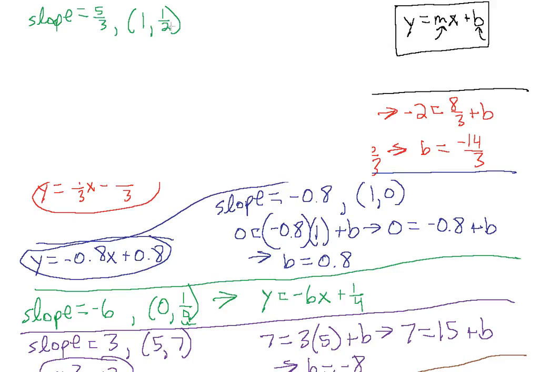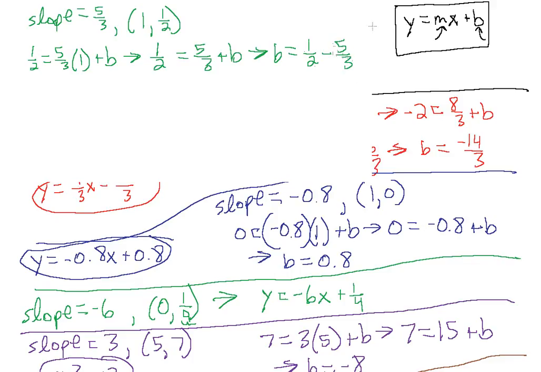So let's plug in what we know. We have 1/2 equals our slope times x, which is 1, plus b. b is what we want to solve for. So we have 1/2 equals 5/3 plus b. We can solve for b by subtracting 5/3 from both sides. So we have b equals 1/2 minus 5/3.